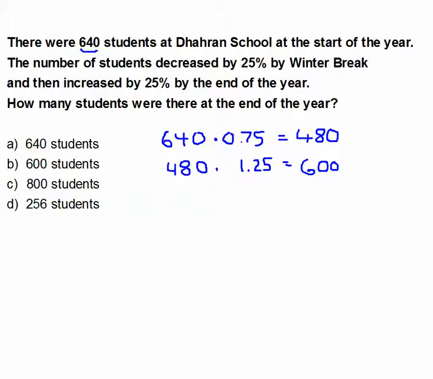Now, once again, if we look closely, what we'll notice is that the 25% off comes off of the 640, whereas the 25% added on comes onto the 480. So therefore, in this case, the best answer would be 600 students.